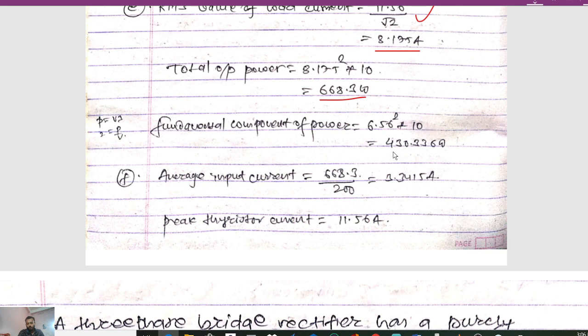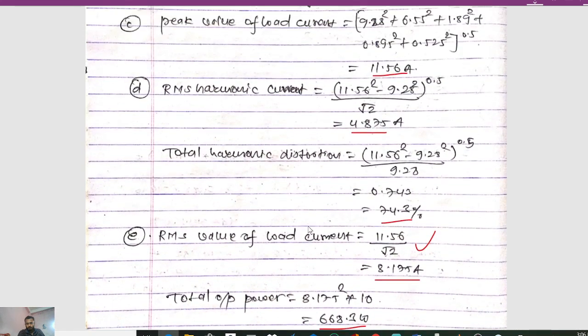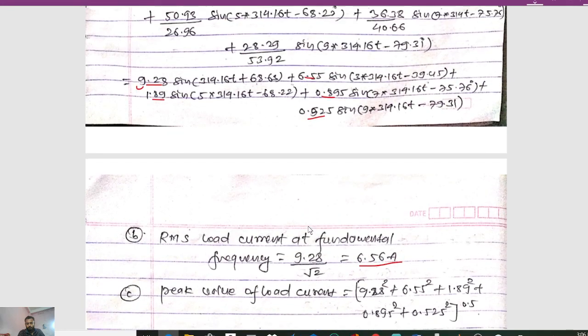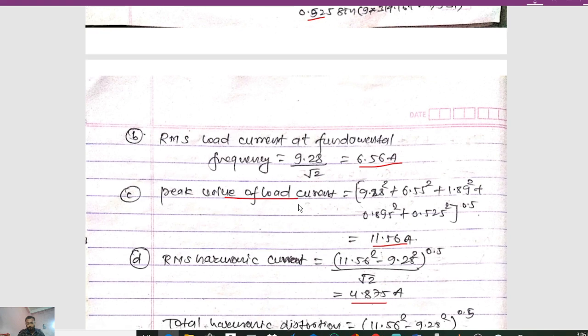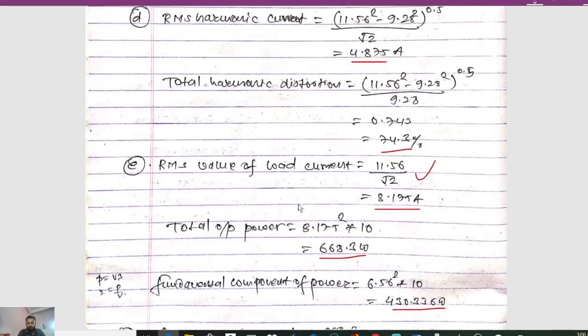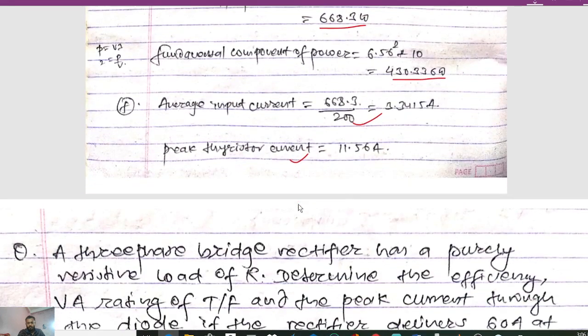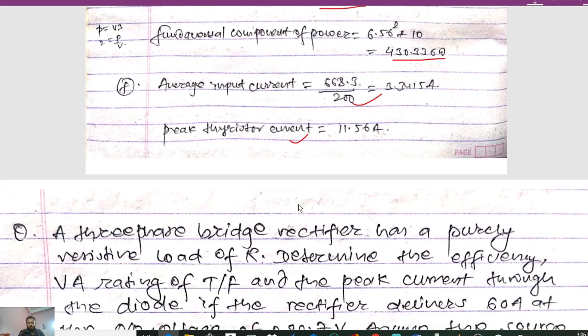So you get 430.336 watt, and the average input current will be total output power upon the input voltage, and input voltage 200 volt is given, so 3.3415 ampere. And the peak thyristor current will be the same as the peak value of load current. So here peak thyristor current will be 11.56.